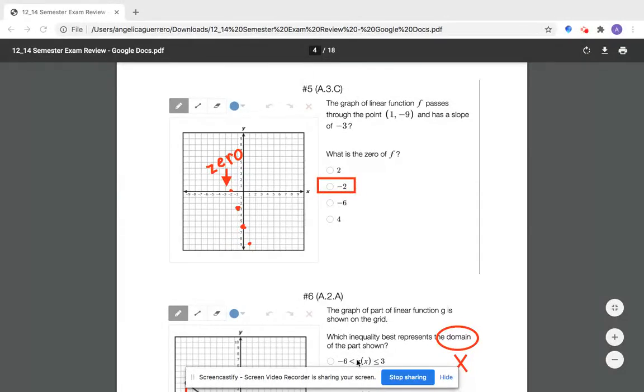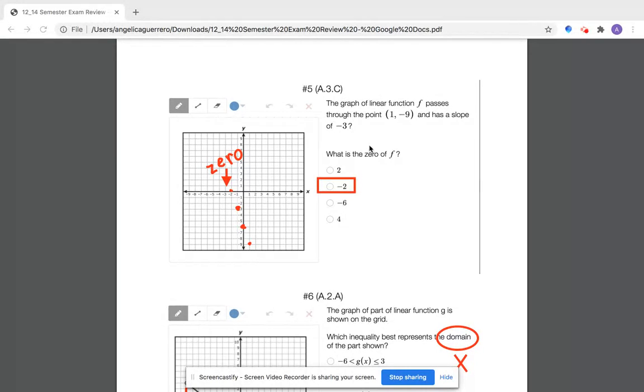Number 5, the graph of a linear function f passes through the point 1, -9 and has a slope of -3. There's two ways you can do this. Since you have a graph, I would use your graph, and the one thing you want to recognize is, what is the 0? 0 means x-intercept. So you're going to take your point 1, -9, graph it on your grid, and then you're going to take your slope, -3, and move up 3, left 1.